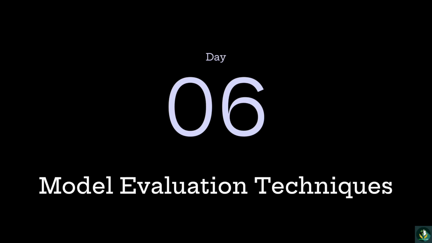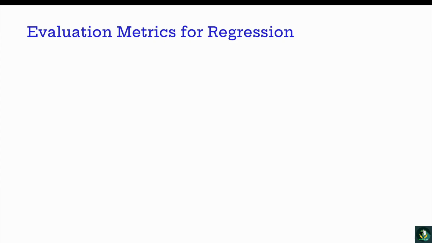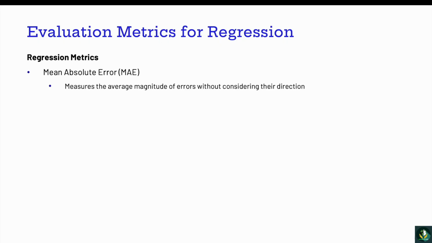Day 6, Model Evaluation Techniques. Let's look at some of the evaluation metrics for regression. So to go over the regression metrics, first we have the mean absolute error, or MAE. This measures the average magnitude of errors without considering their direction.